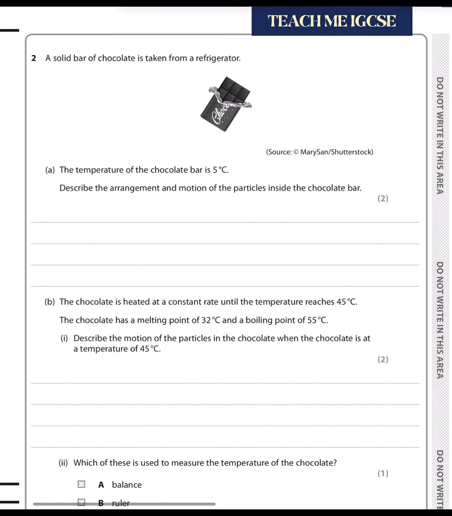Question 2, a solid bar of chocolate is taken from a refrigerator. The temperature of the chocolate bar is 5 degrees. Describe the arrangement and motion of the particles inside the chocolate bar. So we know that when the chocolate is at 5 degrees Celsius, it's in solid state, which means the particles are arranged in fixed position.